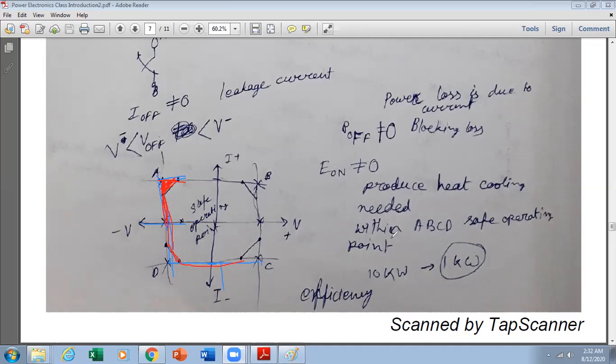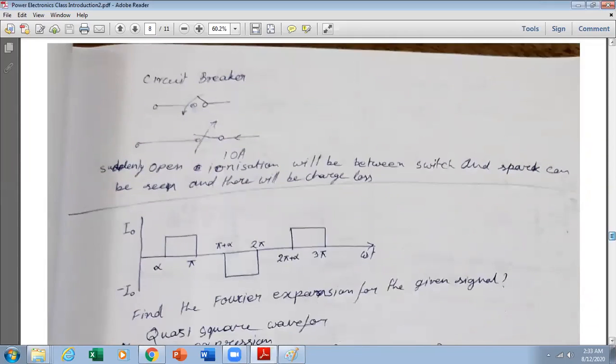Okay, so let us clear this, and now we will discuss about the circuit breaker. Circuit breaker is the similar thing, that will also work. Suppose in the circuit breaker, if you open suddenly, there will be ionization of air and there will be a spark that can be seen in the circuit breaker.